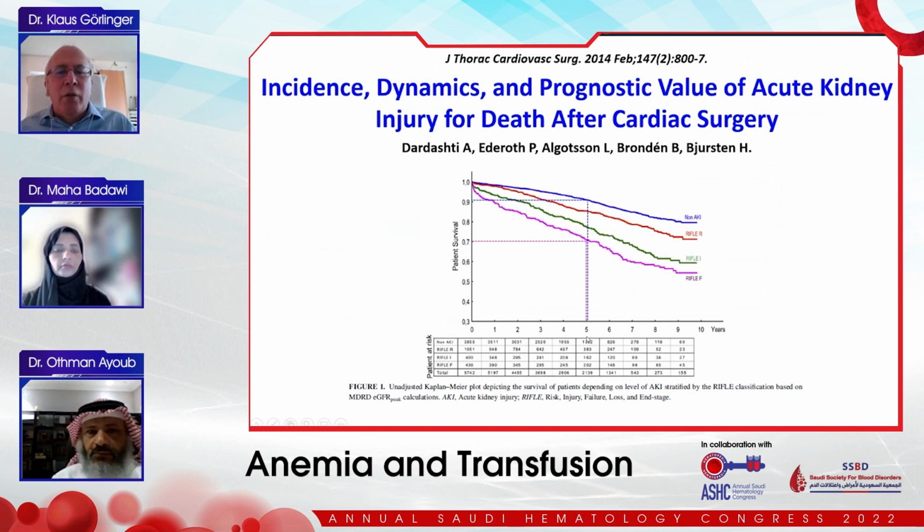And if we just look at the 5-year survival here, we see if we can avoid acute kidney injury, more than 90% of our cardiac patients survive the next 5 years, whereas when there is any acute kidney injury, this drops down to 70%. So that means if we cannot avoid acute kidney injury, 20% of our patients will not survive the next 5 years. And that's the difference between both groups.